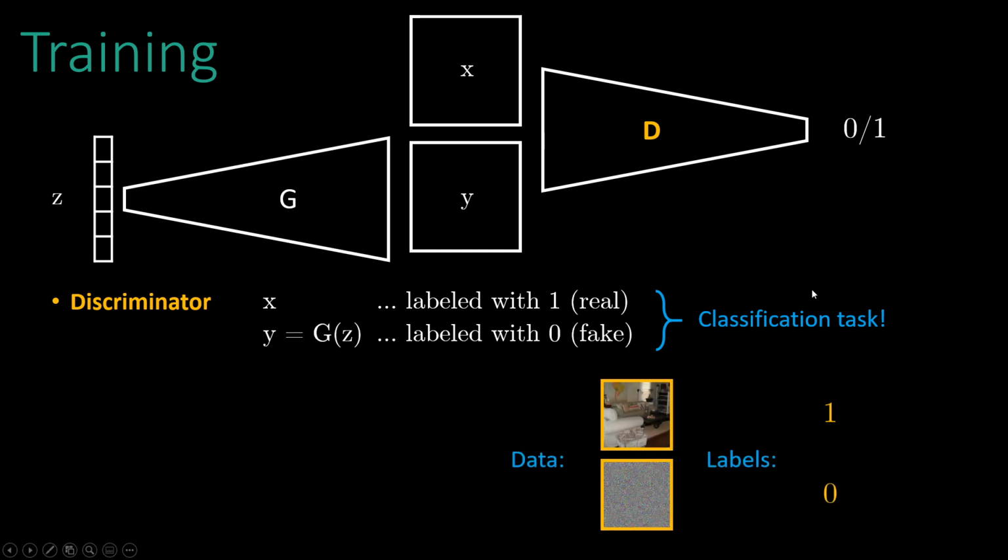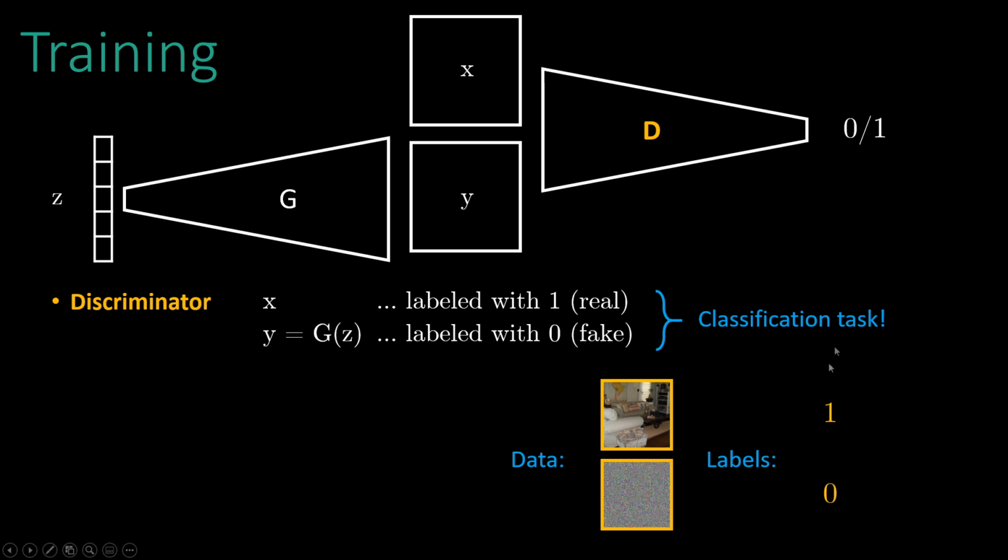Okay, so the data that we feed in as X, and the outputs, would be something like this. Everything from the dataset comes with label 1, and everything from outside of the dataset, so everything generated, comes with label 0. We saw something like this when we were talking about convolutional neural networks, where we also had a bunch of images and we were assigning labels to them.